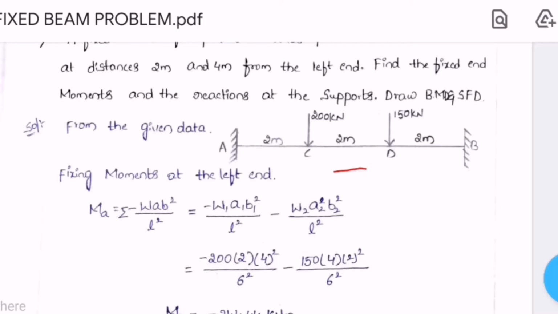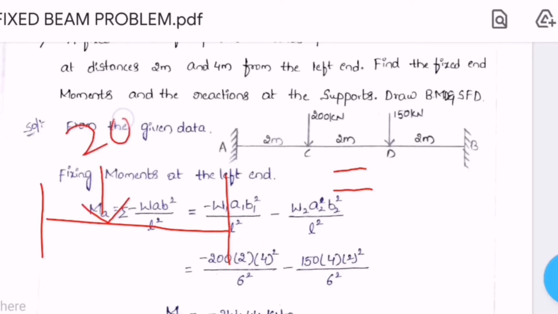So this beam is equal to, we have 200 kilonewtons acting here. This is 2 meters and this is 4 meters, plus one more fixed beam.